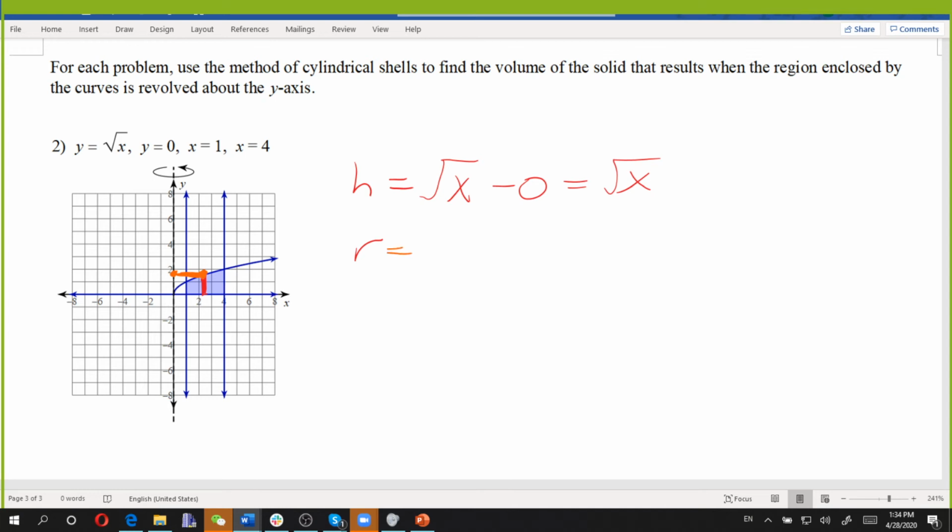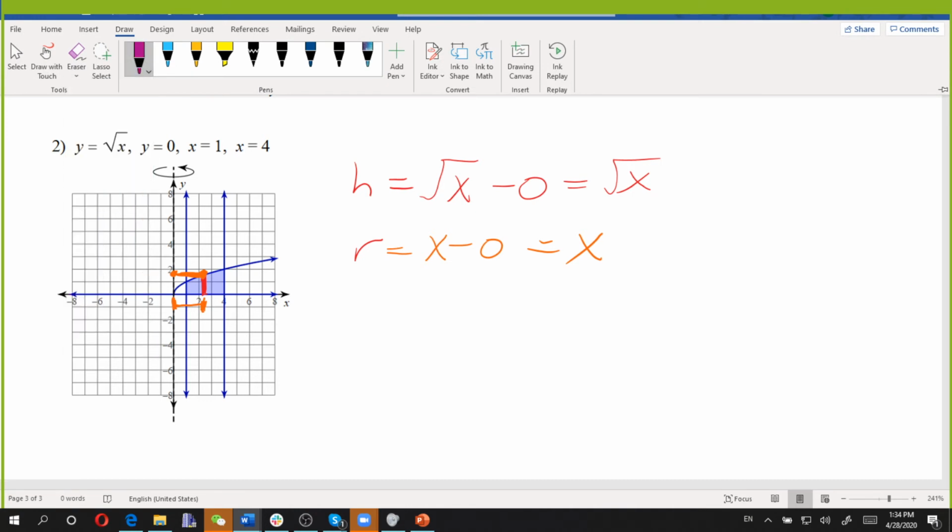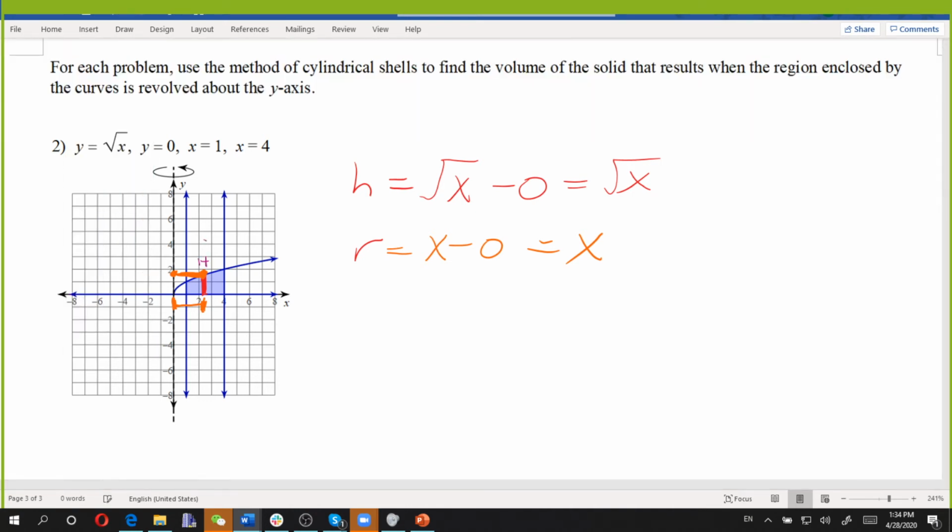So for us, this is from x equals 0 to x equals x, or x minus 0, which is x. And we've got an infinitely small change in x.